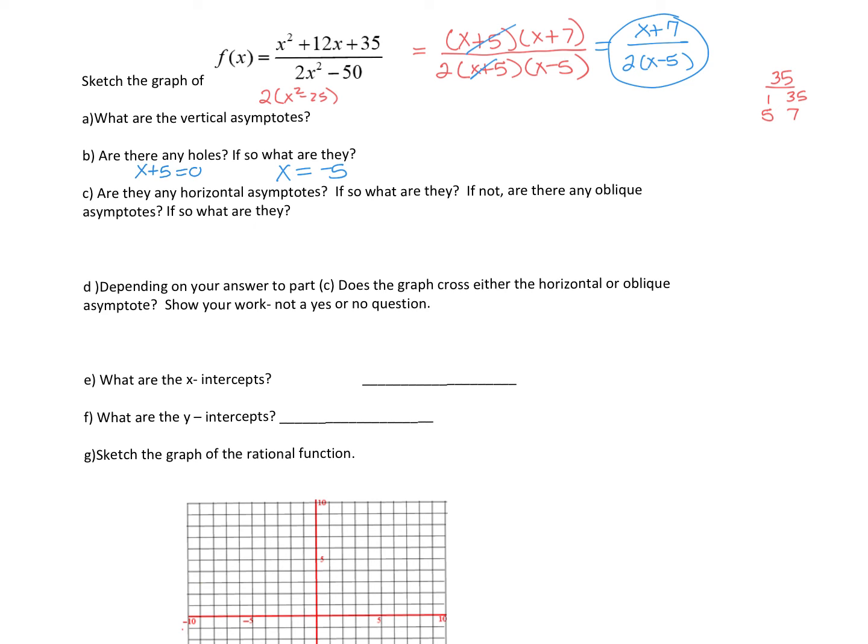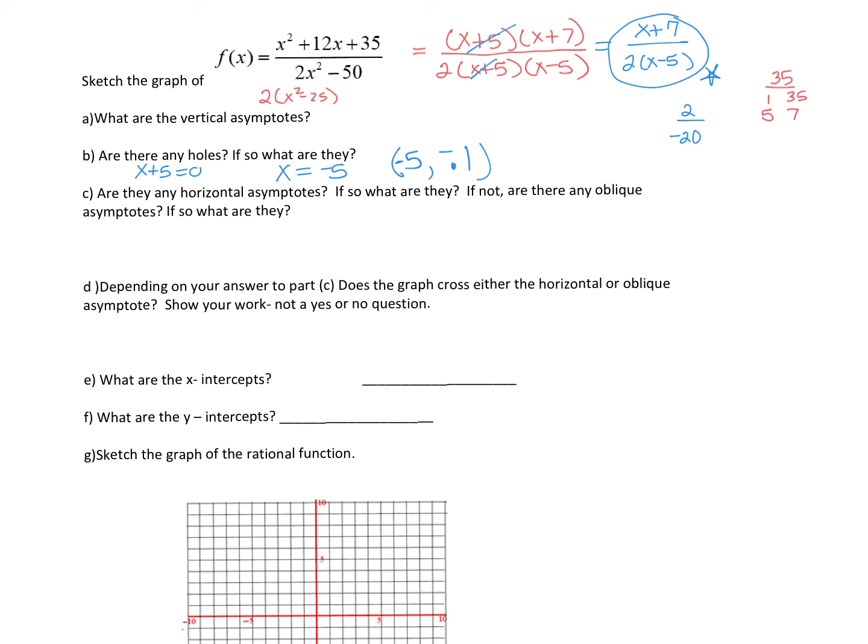If x equaling negative 5 is my hole, the ordered pair would be negative 5, and then I would plug the negative 5 into this new reduced function. So negative 5 plus 7 would give me 2, and 2 times negative 10 would give me negative 20, so we'll say negative 1/10. Negative 0.1.